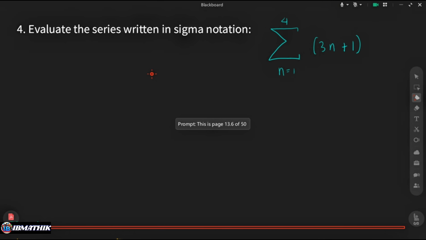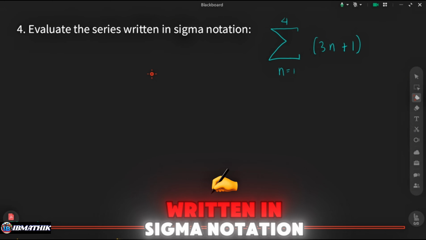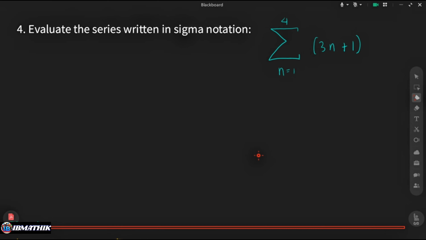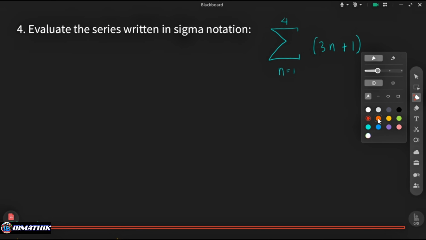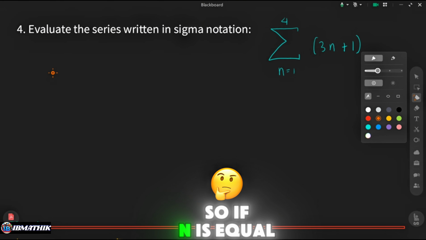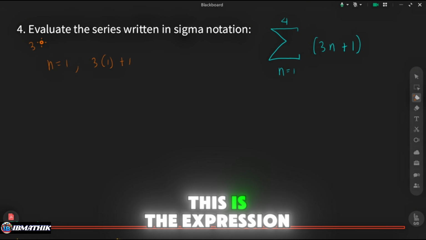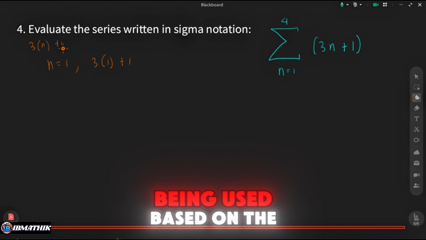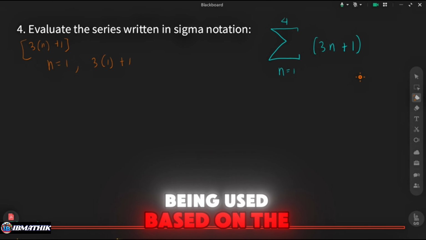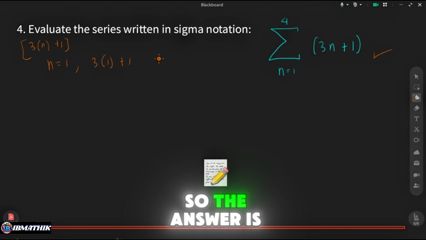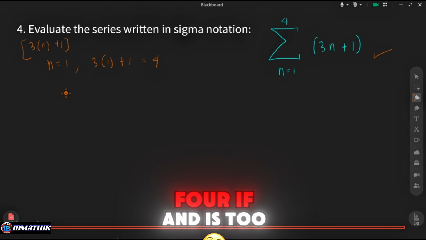Number 4. Evaluate the series written in sigma notation. If n is equal to 1, 3 times 1 plus 1, do not forget that this is the expression being used based on the sigma notation. So the answer is 4.